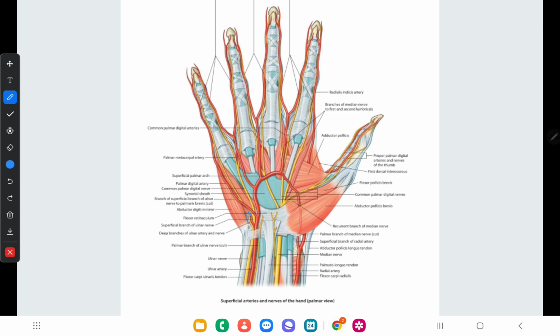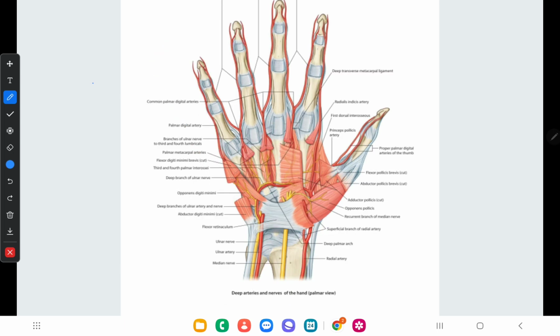Here you can see these are the branches of the superficial branch of the ulnar nerve. This is one and this bifurcates into two. So it gives sensory supply to the medial 1.5 fingers.